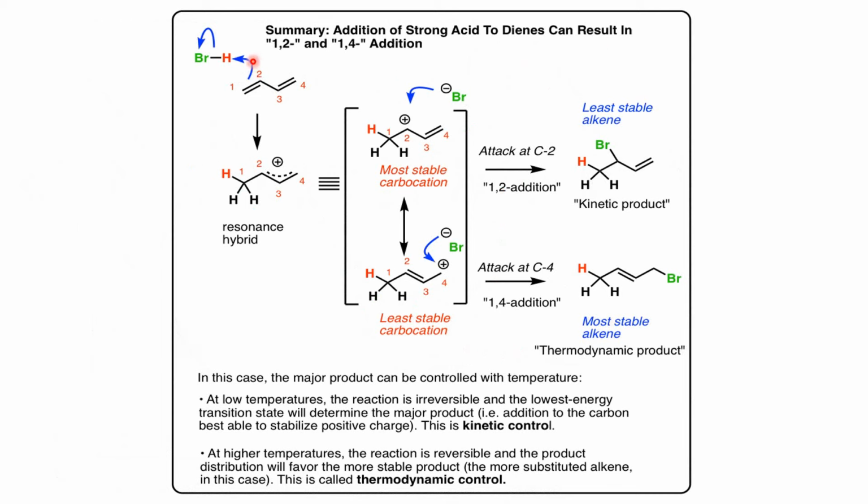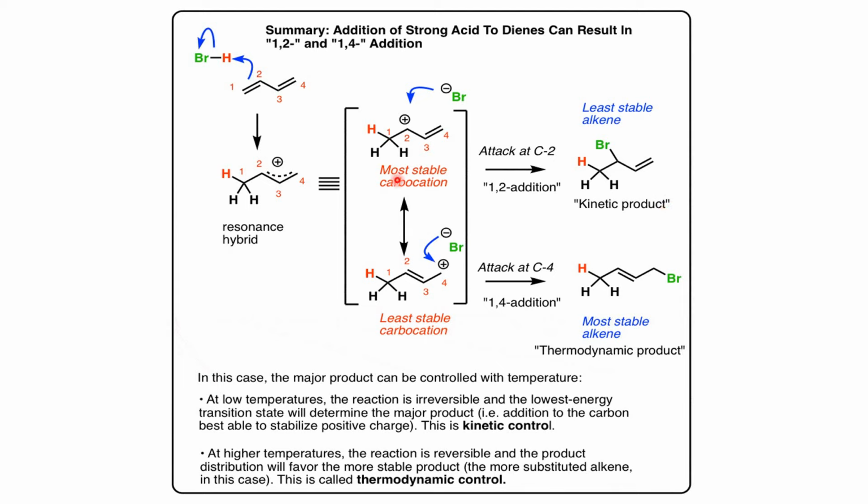So the initial step is the rate determining step, that is protonation. Then this carbocation is formed. When the bromide ion attacks at these two positions, you will get the kinetically controlled product or 1,2 addition product. And this alkene is less stable.